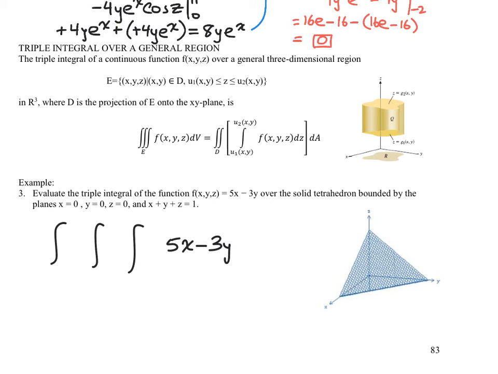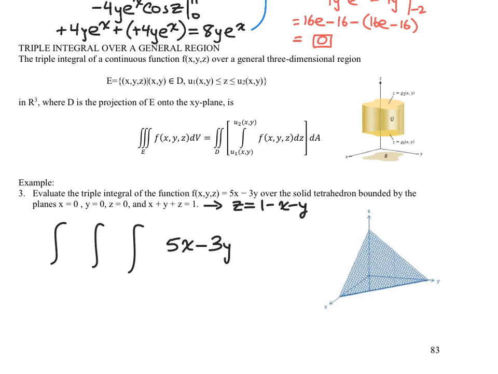Right? But we also have this relationship that's the ceiling of the bounding, that we could express as a z function in terms of x and y. All right, so z in terms of x and y would be 1 minus x minus y.